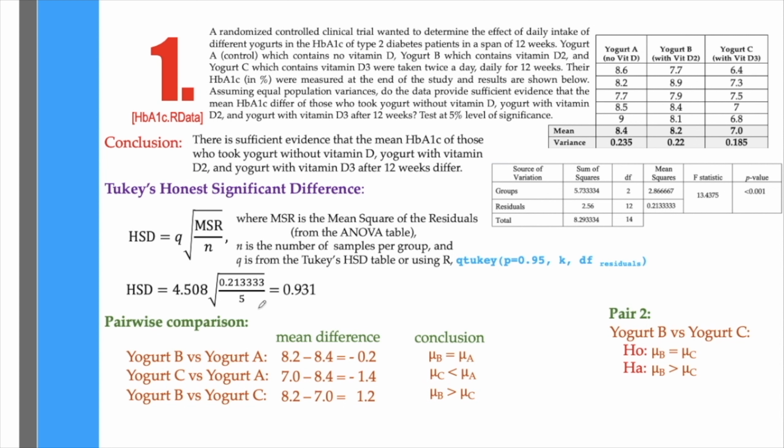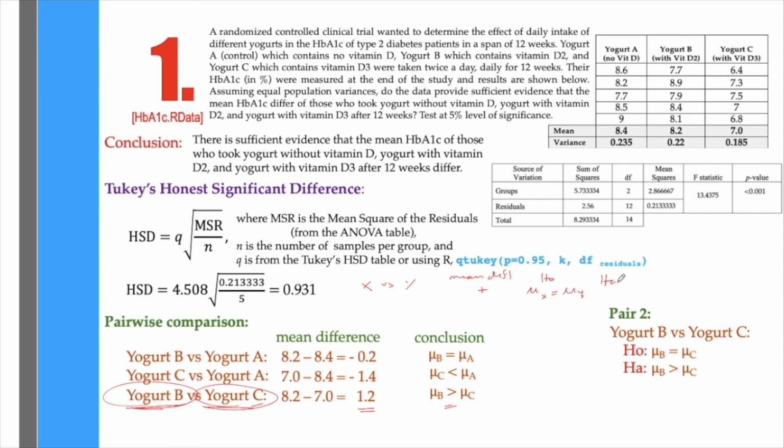Now as for the participants of those who took yogurt B and C, when the sample mean of those who took yogurt B was subtracted with the sample mean of those who took yogurt C, it leads to a positive value, then that indicates that those who took yogurt B has greater sample mean as compared to those who took yogurt C. So our alternative hypothesis there is that B is greater than C. So if you have x versus y, and the mean difference is positive, your null hypothesis, of course, is that the mean of x is equal to the mean of y.